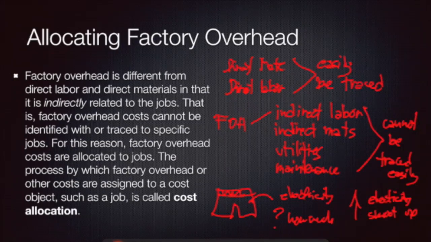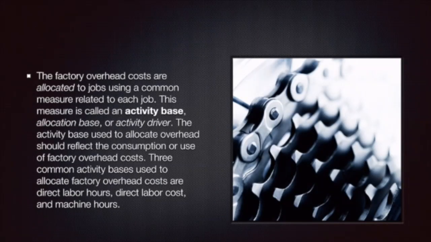So that is where cost allocation comes in. Now the bigger picture is to take the factory overhead and apply it to a certain product through some method or activity.